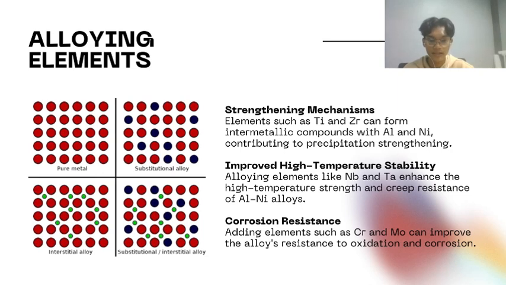Adding elements such as chromium and molybdenum can improve the alloy's resistance to oxidation and corrosion. These elements form protective oxide layers on the alloy surface, enhancing durability. You can see on the left figure there are different types of alloying elements that we can insert into the alloy.